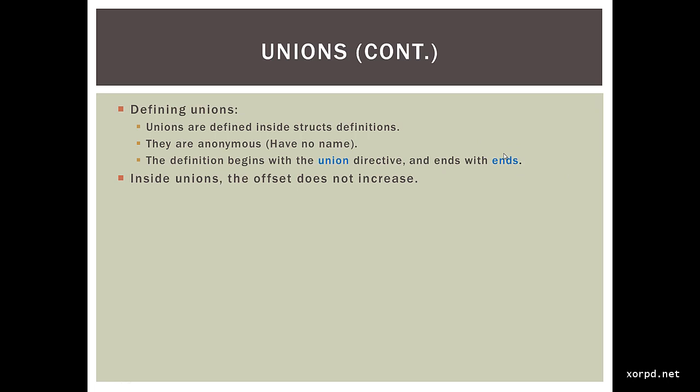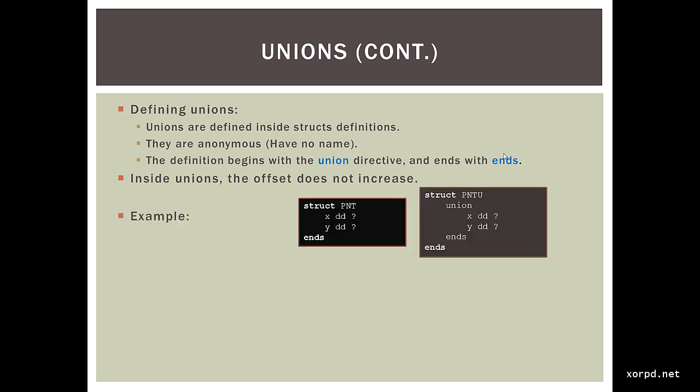Inside unions, the offset does not increase, as opposed to structures, where the offset increases for every field that you add. Let's look at a very simple example just to understand the difference between a structure and a union. Here we have our usual point structure, which contains just two fields, x and y. We know that x begins at location 0 and y is at offset 4.